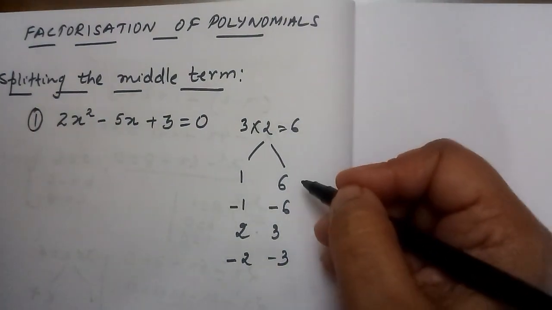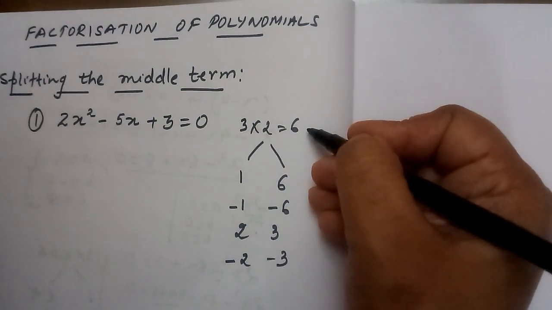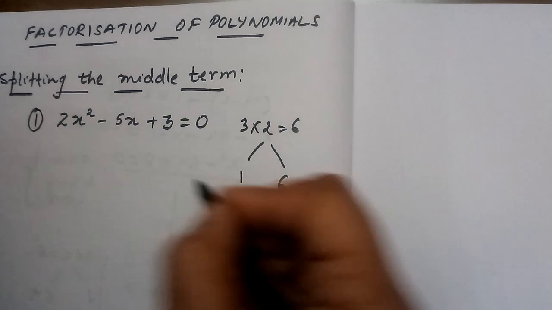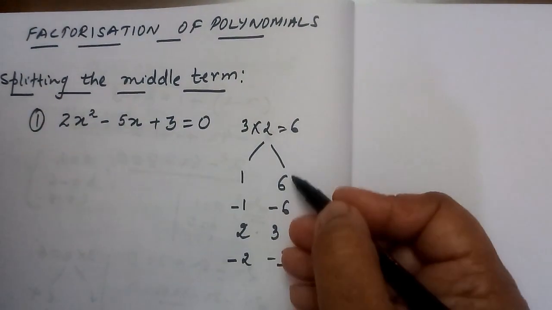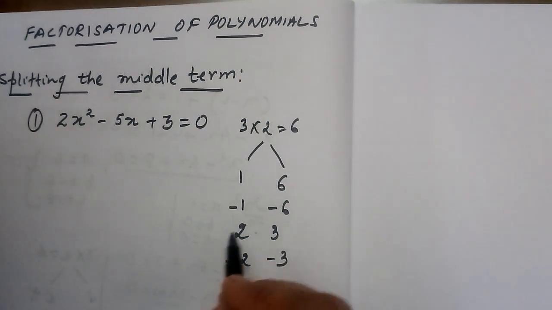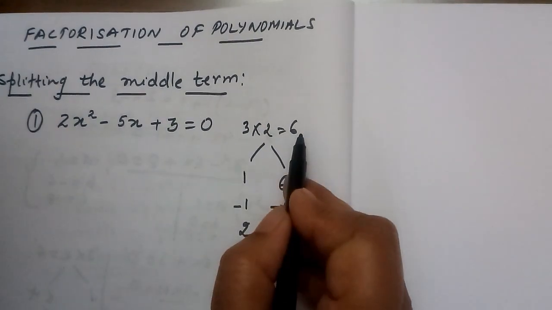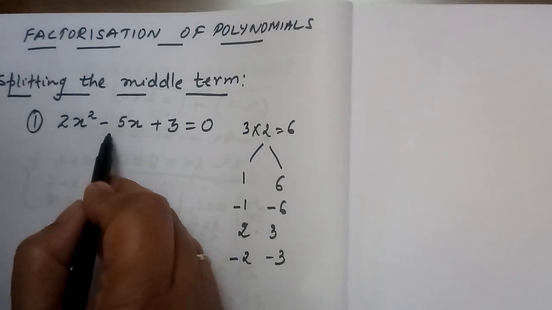Now here I have got 4 possibilities of factors of this number 6. Out of these 4, only one is going to be applicable in this particular question. How do you decide that? Out of these 4 pairs of factors, you have to take that pair which on multiplication gives me this number and which on adding gives me the middle number.